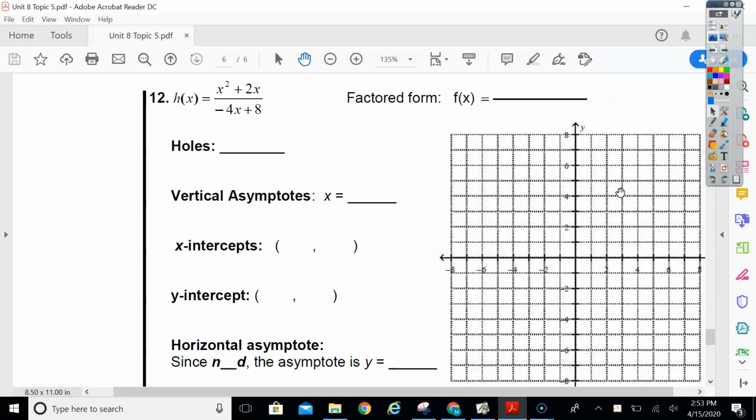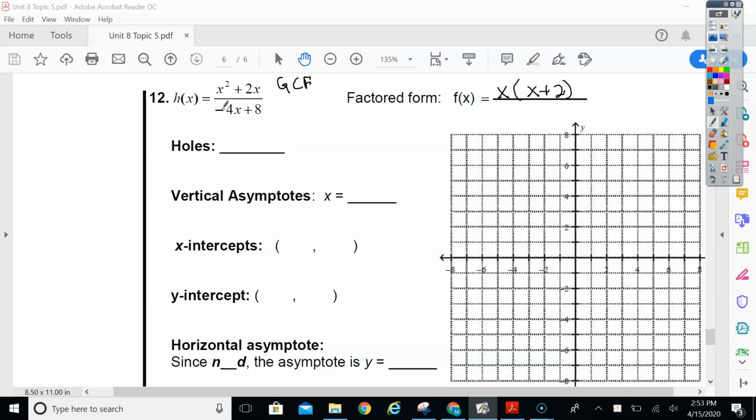Alright, so I think with this example, we should be good enough with all the critical values for graphing general rationals. Let's go ahead and get these in factored form. So if I factor the numerator, this one has a GCF of x, so I can take an x out of both, and I'm left with x plus 2.